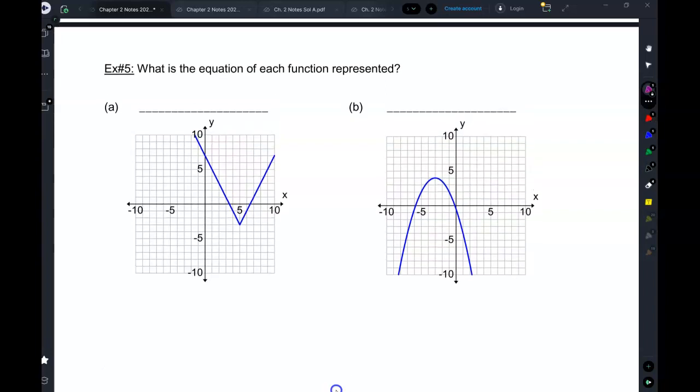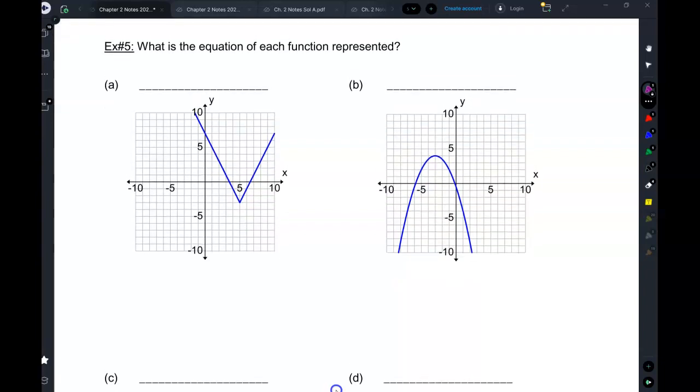Now, let's write some equations then. To write equations of graphs, you need to first figure out the vertex. What's the vertex here? 5, -3. Okay. The vertex is going to be h and k.